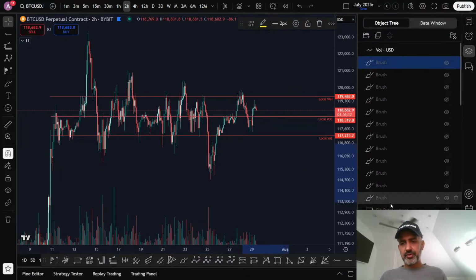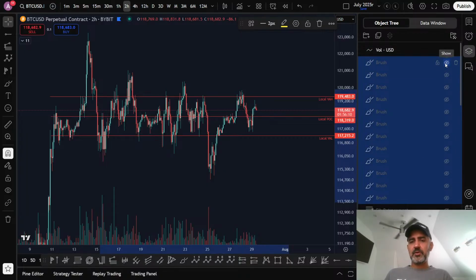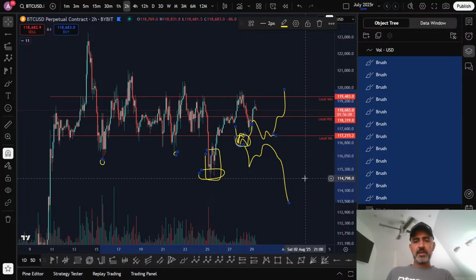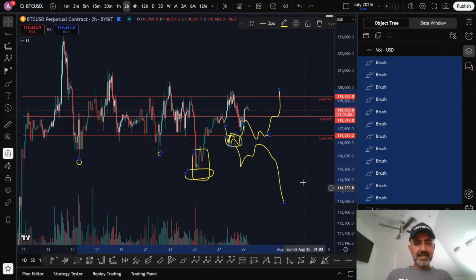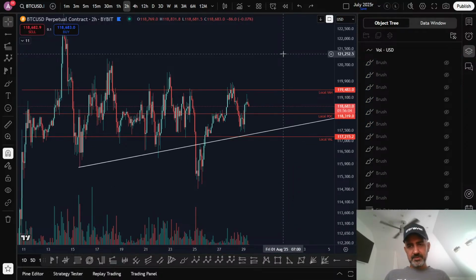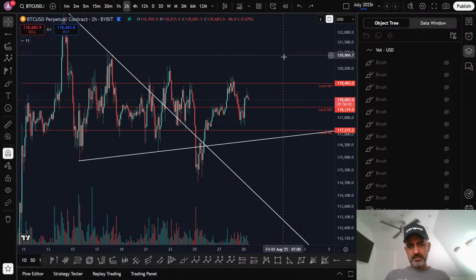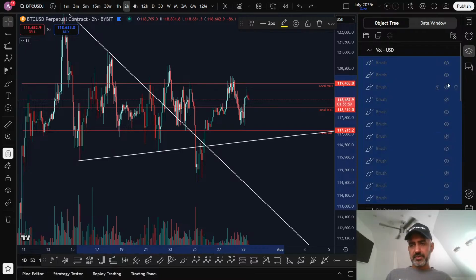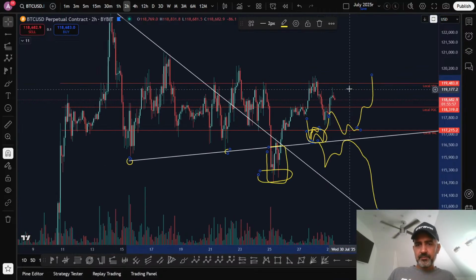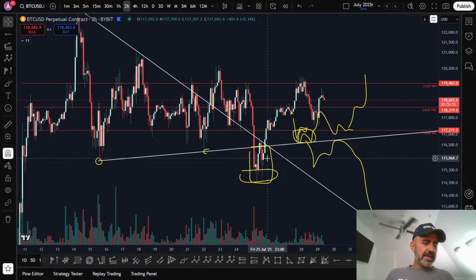Let's have a look at these brush strokes that I had from earlier, from 2 days ago on Sunday. Actually, I guess we need the trend lines back because that will help us with these brush strokes. So I was looking at this on Friday.